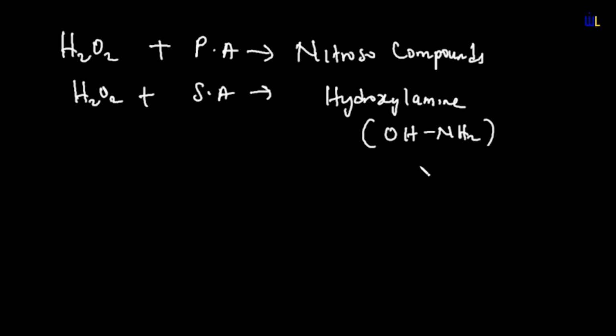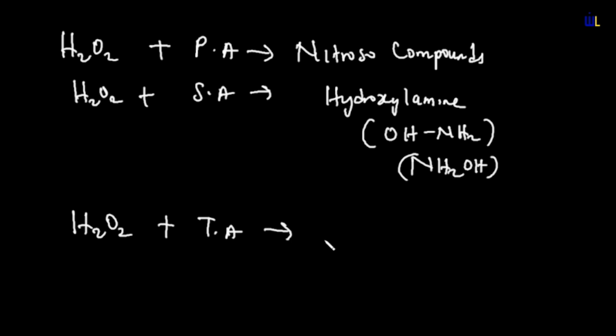So basically, your hydroxylamine is NH2OH. And then finally, when your hydrogen peroxide reacts with your tertiary amines, it basically leads to the formation of your amine oxides. So basically, you have more or less this particular compound form.